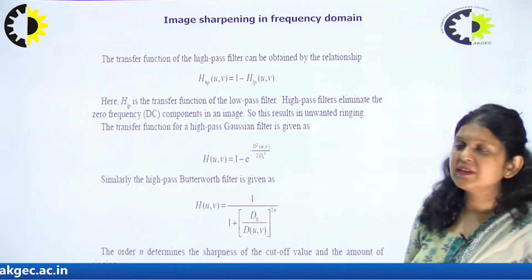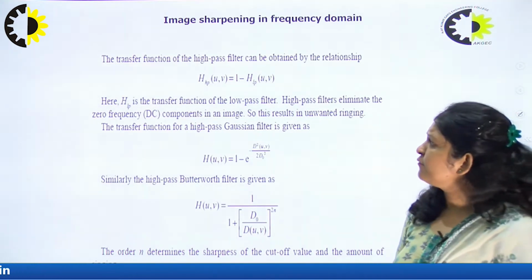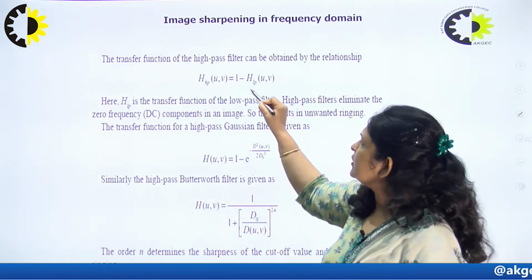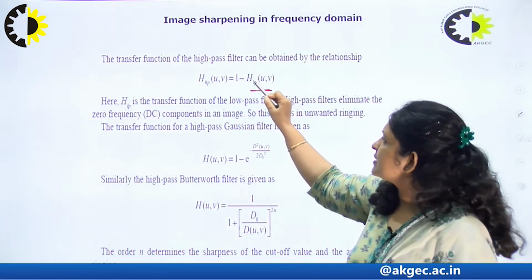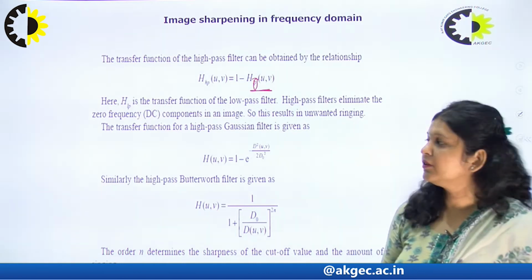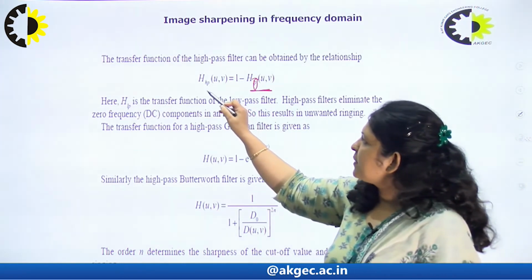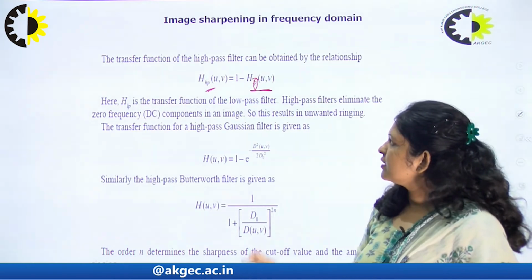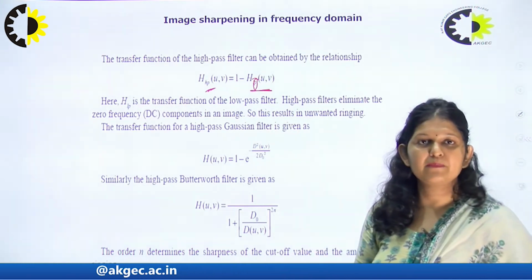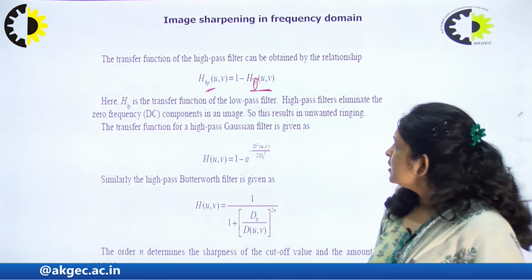Now image sharpening in the frequency domain. Simply, if you know the transfer function in the low pass, H of LP, where LP represents a low pass filter, u comma v, then the high pass filter H of HP u comma v would be 1 minus H of LP u comma v.